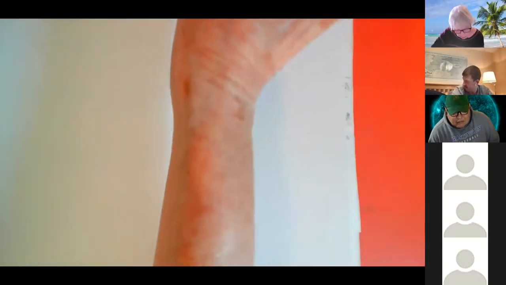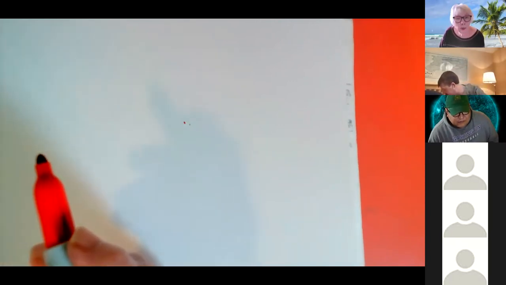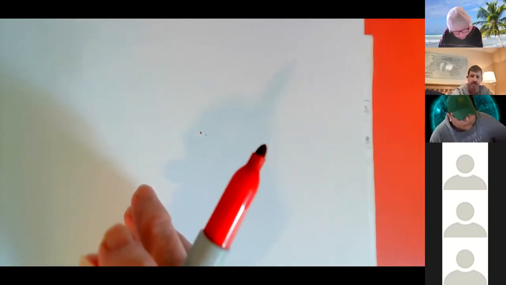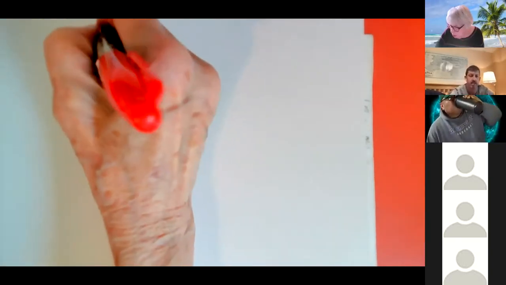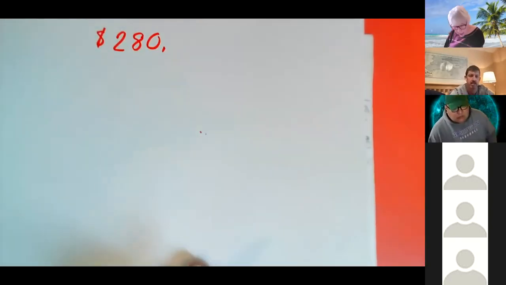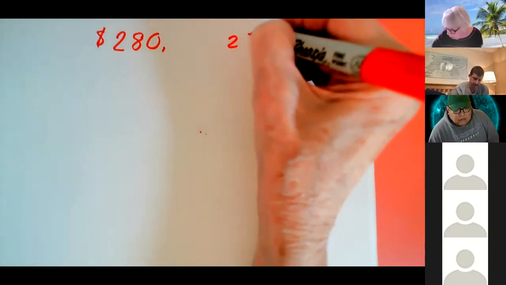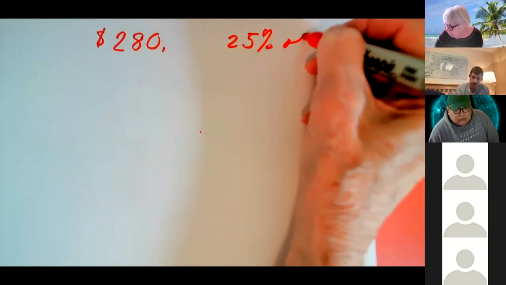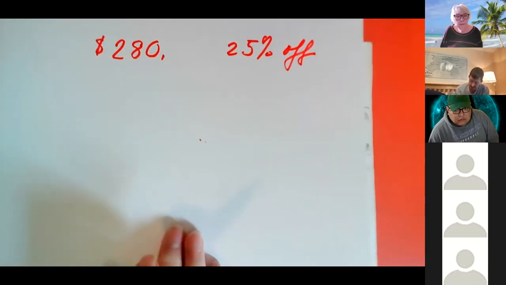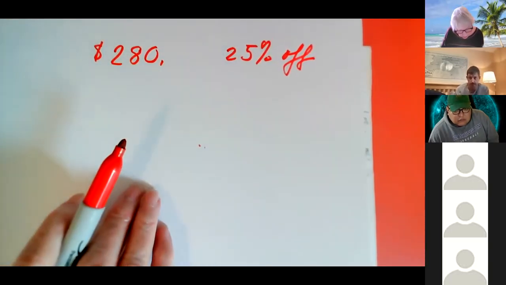So that's $960. Here's a problem about sale price. And so this is another example. A tennis racket normally sells, so this is a really good one. The normal sale price is $280. It's on sale for 25% off. Okay, so that's going to take a good bit off of this.